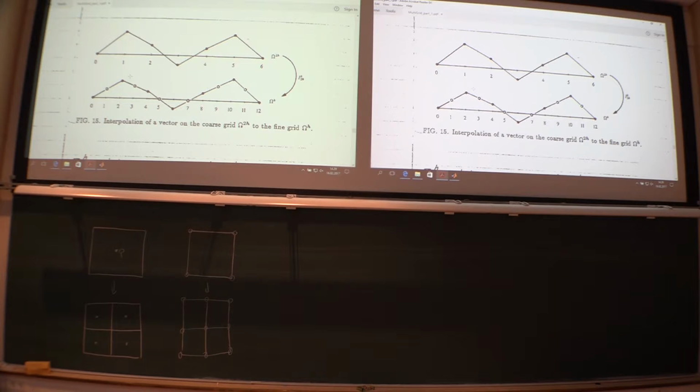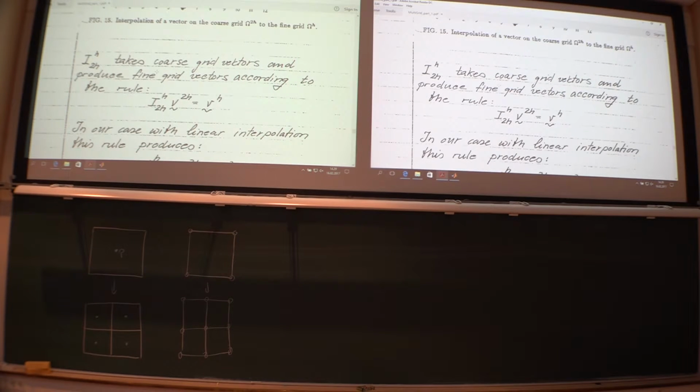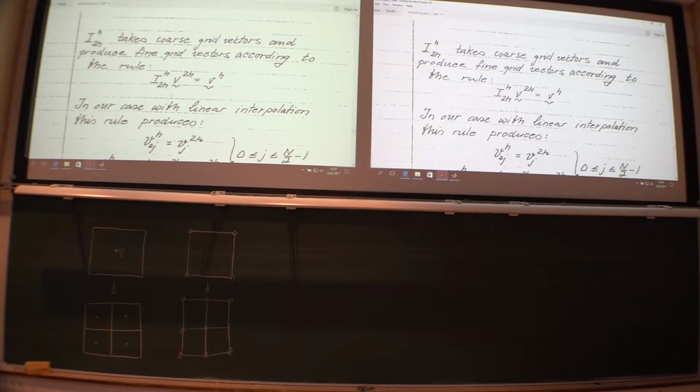From coarse to fine, there's no problem involved here. Rather straightforward. So the notation, you will have an operator, large I, from 2h to h. Then inserting this signal, whatever you have on the coarse mesh, into this operator, you will then be given back the fine version of the same.